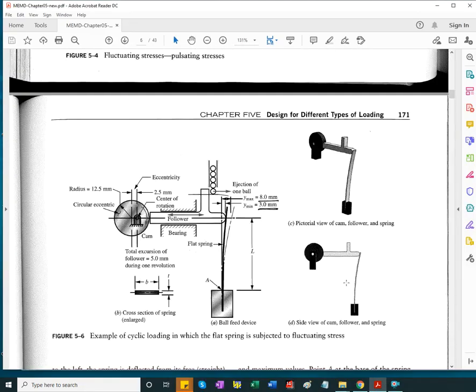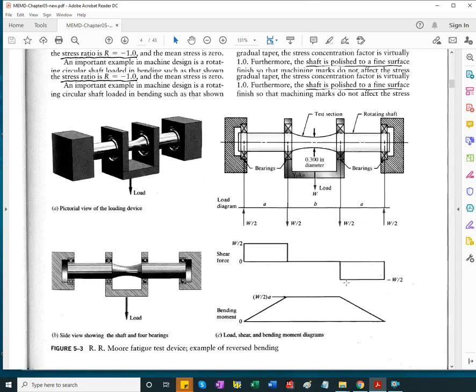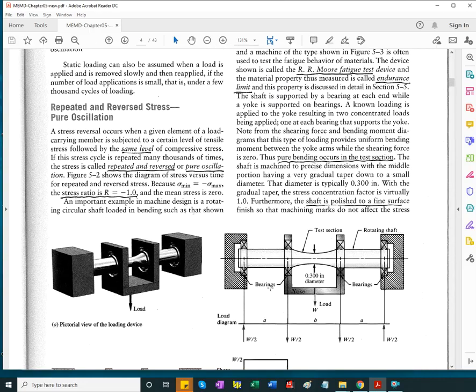Anyway, what Moore did was to replicate in the lab what he saw happening to the rail axles. He prepares many specimens, and nowadays this test is standardized.